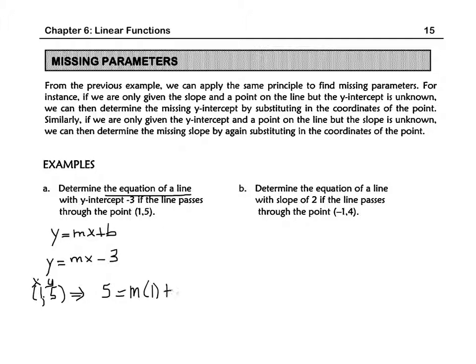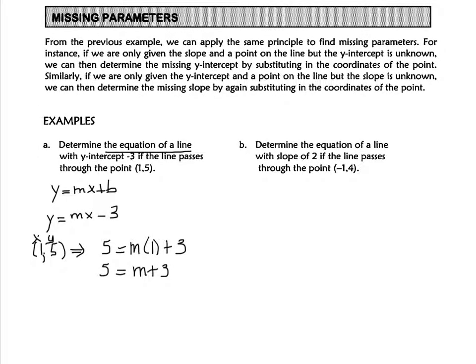times 1 minus 3. Both sides of the equation are supposed to equal each other if that is in fact a point on the line. And because it told us there's a point on the line, we know then that 5 has to equal m minus 3. So therefore, m must equal 5 plus 3.